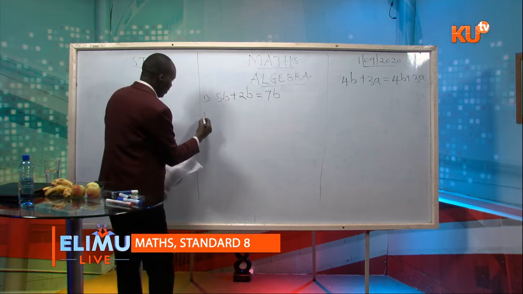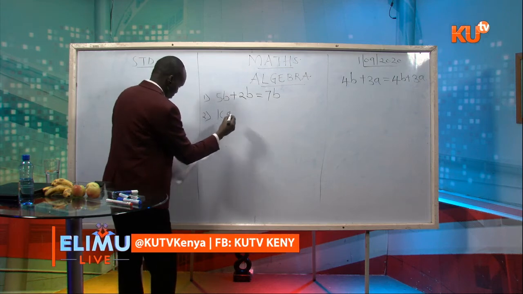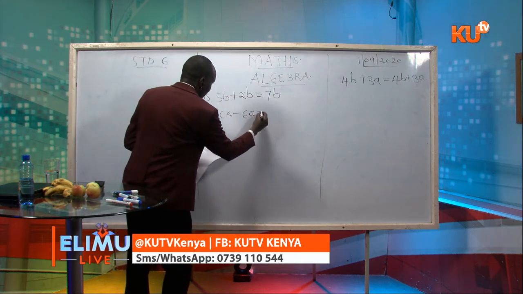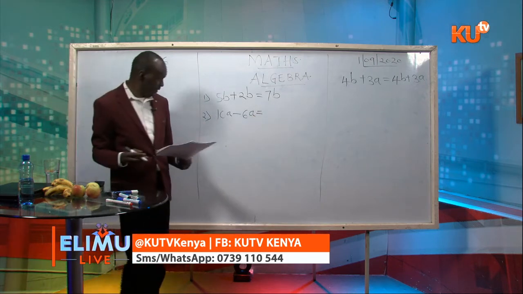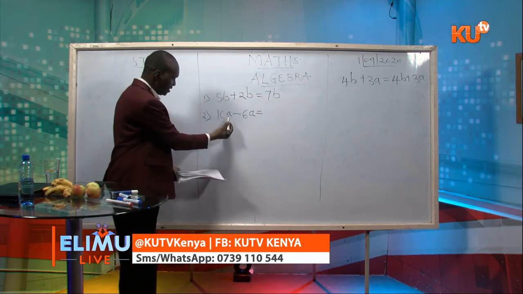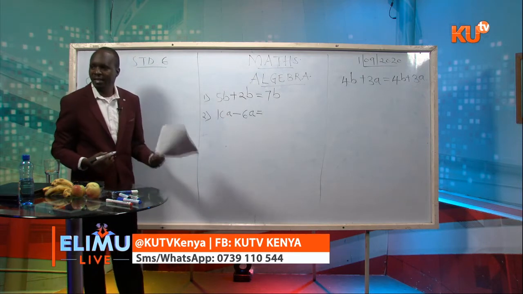We can also have another example. 10a take away 6a. For this case, still the terms are the same. This is a and this is a. So we shall simply take away.